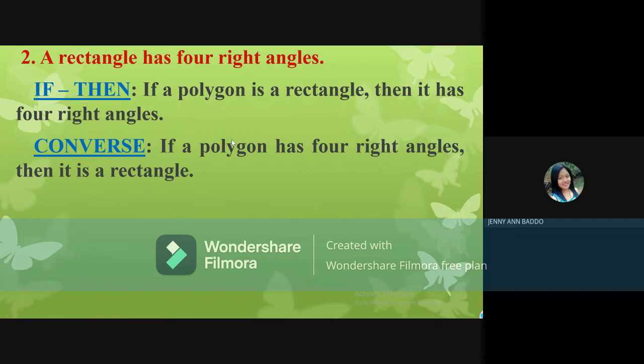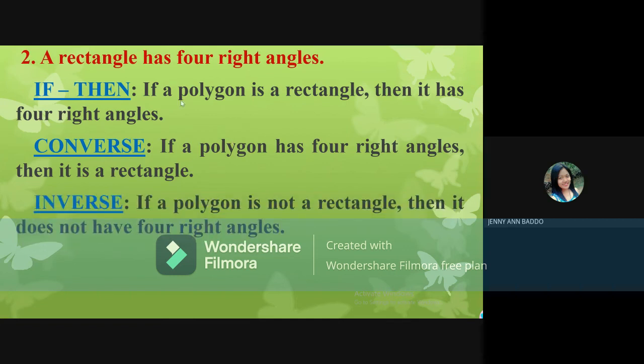And for the inverse statement, we just have to negate the if-then statement, taking the opposite of the given hypothesis and conclusion. So we have if a polygon is not a rectangle, then it does not have four right angles.